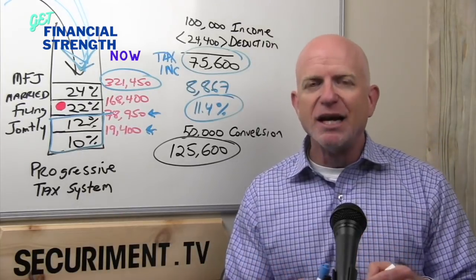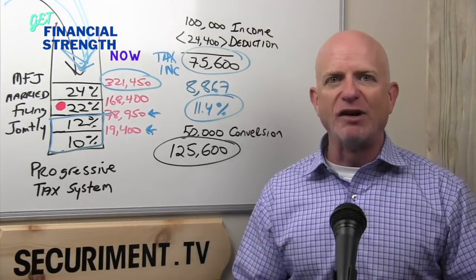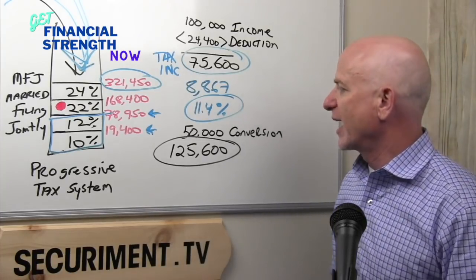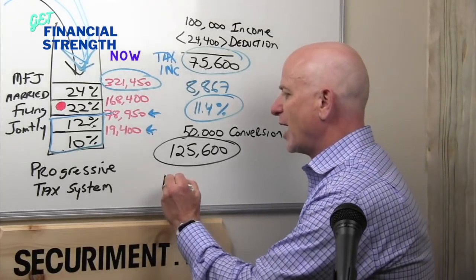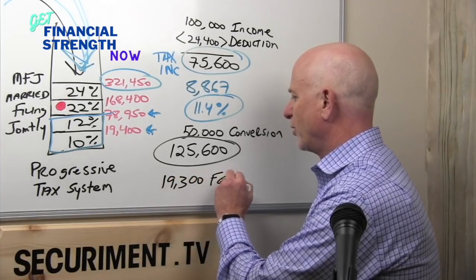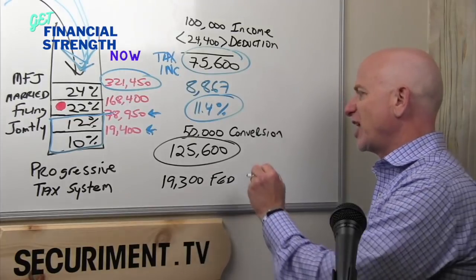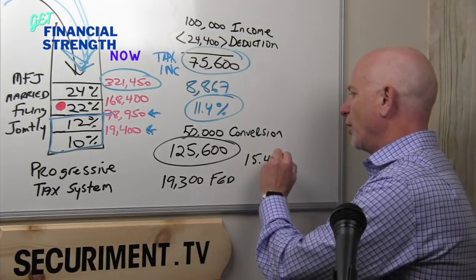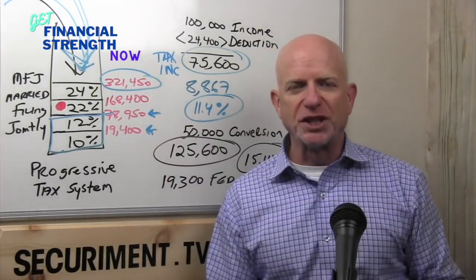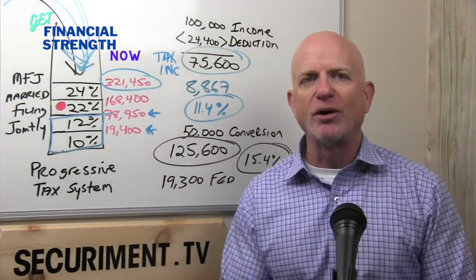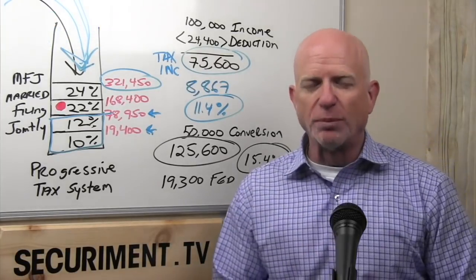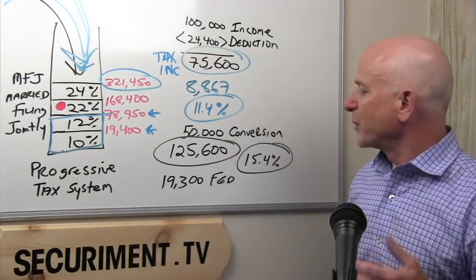That doesn't mean that we are now paying 22% on every dollar of income we have earned. It means that the highest echelon of our income is going to be in that category. The tax burden on this is about $19,300, federal tax burden, and that is an effective tax rate of 15.4%. So although we have now gone into the 22% tax bracket and we are paying a higher amount of tax on the conversion, we are still at an effective tax rate of 15.4%, which is not so terrible.